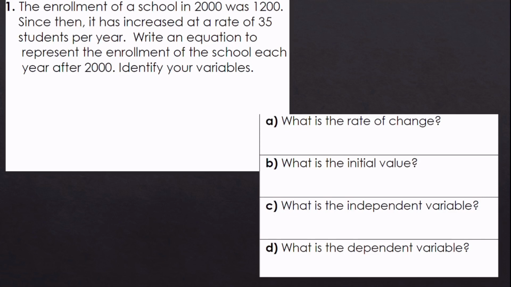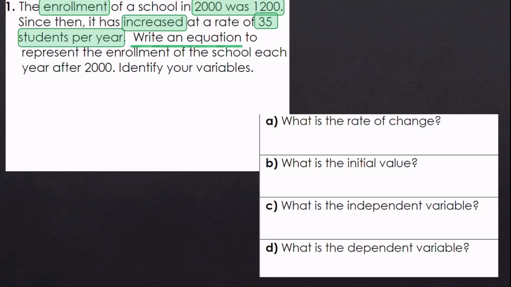And then look what it says, identify your variables. So let's go back through and do some highlighting. We're talking about the enrollment, and that enrollment was 1,200, okay? Since then, it's increased. So we're having an increase, 35 per year. What are we doing here? We're going to be writing an equation.